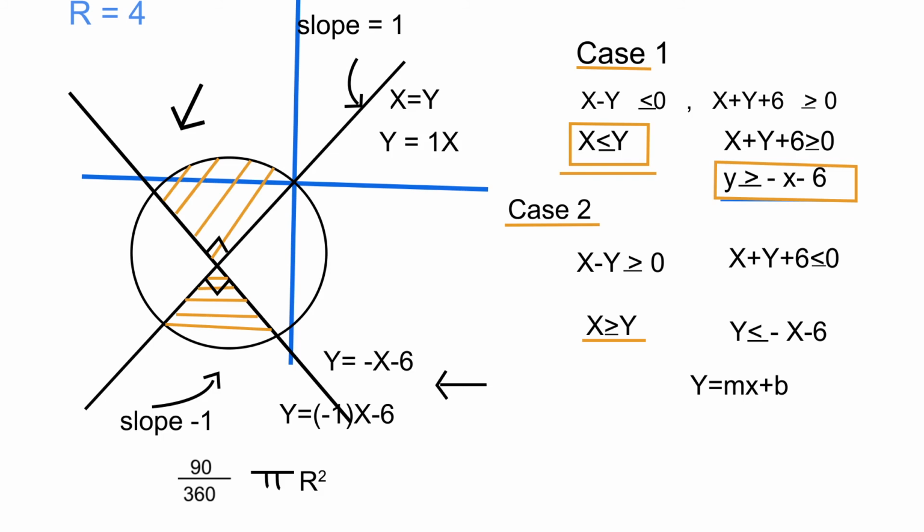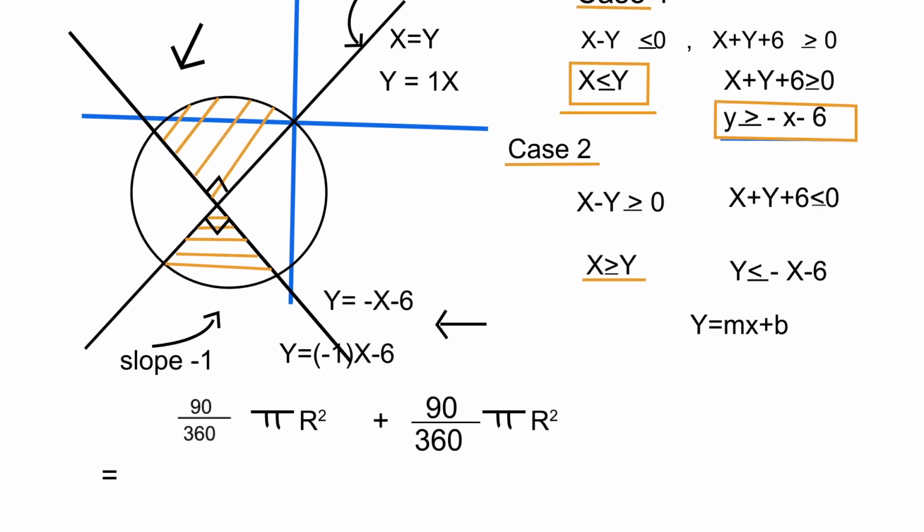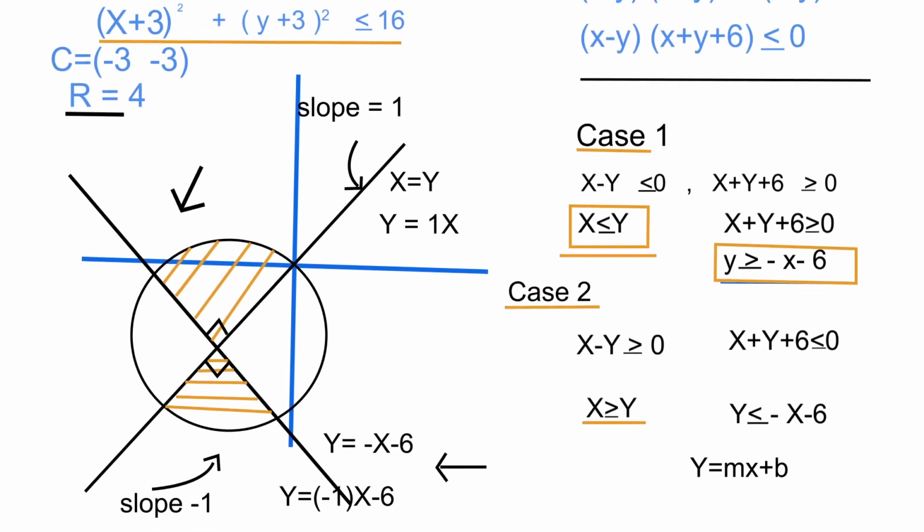And then the second region would be the exact same formula. We have a 90-degree angle over 360, and then pi r squared. So here we go. 90 over 360 is 1/4. Pi r squared. What is r? What is the radius of the circle? It was 4.